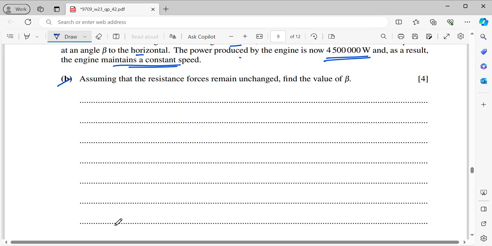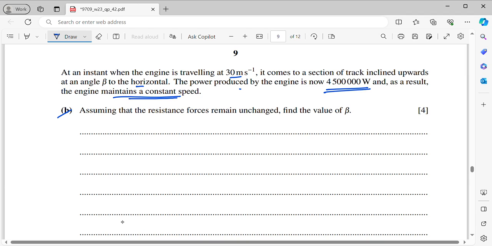Okay, so now the question is similar to just now. It's just that now, instead of alpha, this is beta. Then this is the engine, and then this is the coach. Here you still have T. So here I use the T prime. Right? Then this is a driving force. So now it's mentioned that constant speed.